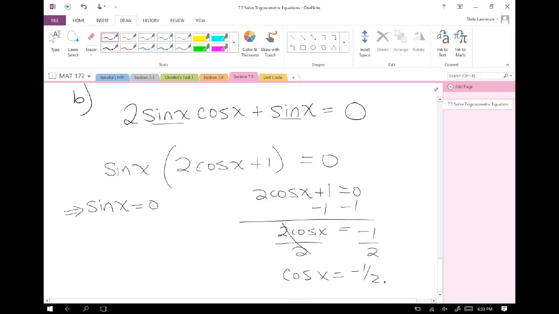So we're looking for anywhere where either sine is 0 or cosine is negative 1/2.